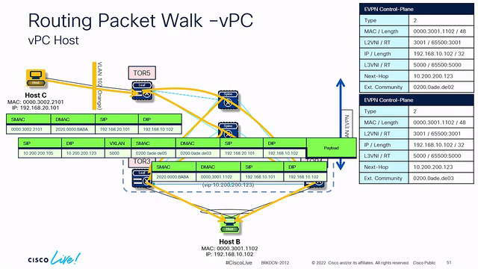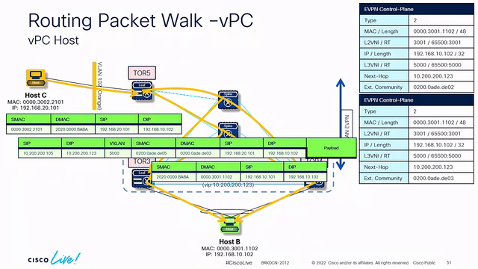Tor5 will route this particular packet and put it in the VXLAN header with the source IP address of Tor5 and the destination IP of the VPC domain. And then we have the VNI, which is layer 3 VNI, and the source MAC and destination MAC, which are the router MACs of Tor5 and one of the VPC peers.